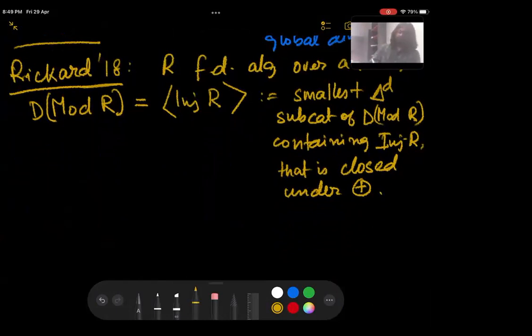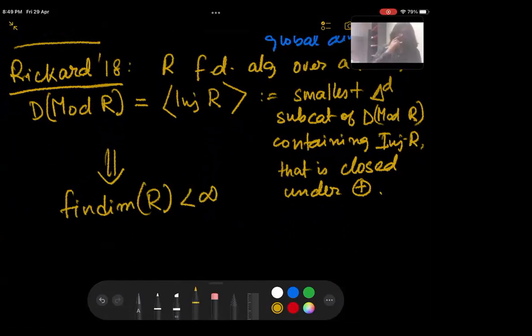So he showed that if this happens, then the finitistic dimension of R is finite; in other words, the finitistic dimension conjecture holds for this finite dimensional algebra R.